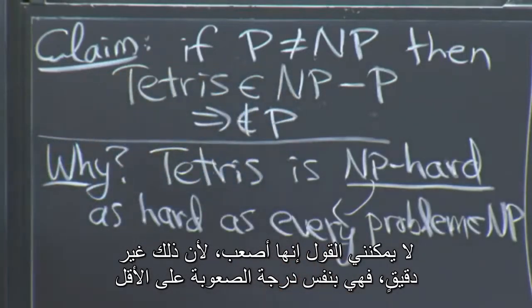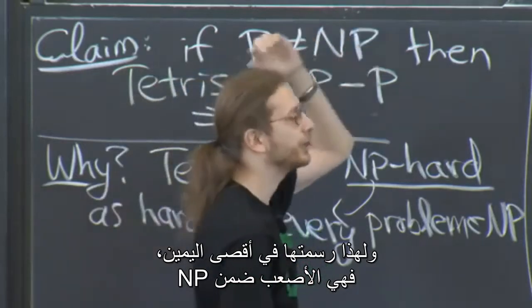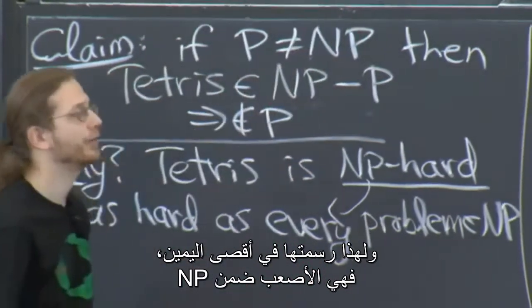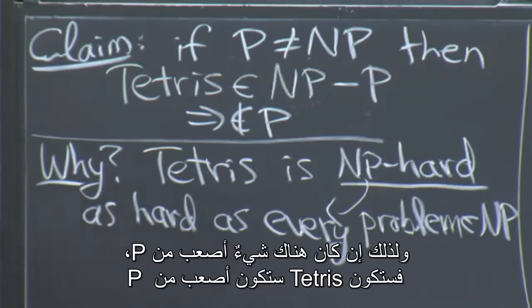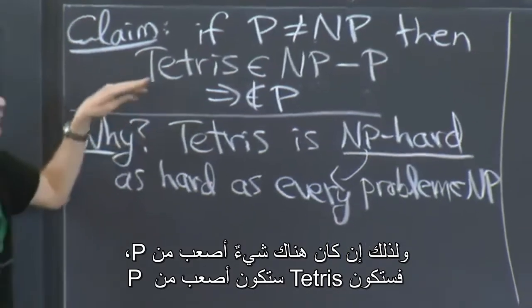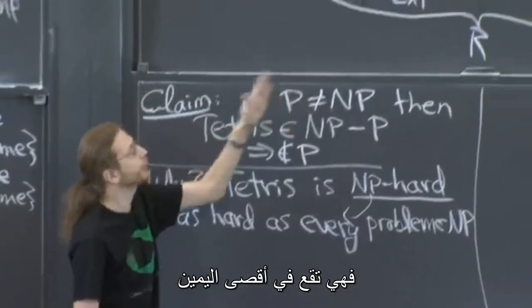So it's at least as hard as every problem in NP. And that's why I drew it at the far right. It's sort of the hardest extreme of NP. Among everything in NP you can possibly imagine, Tetris is as hard as all of them. And therefore, if there's anything that's harder than P, then Tetris is going to be harder than P, because it's as far to the right as possible.